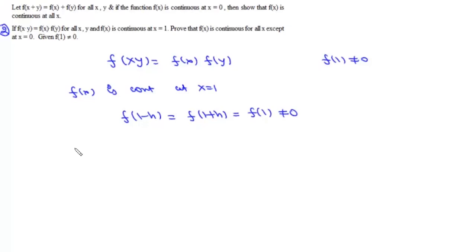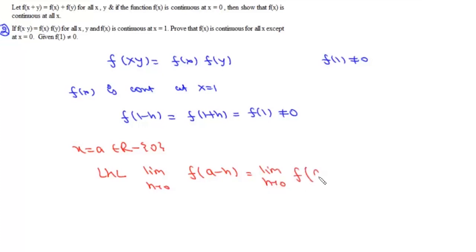Now if we look at any point a which is in R except 0, then we can write left hand limit as limit h tends to 0, f(a minus h). Now we can write this as f, and if we take a common, it will be a into 1 minus h upon a.